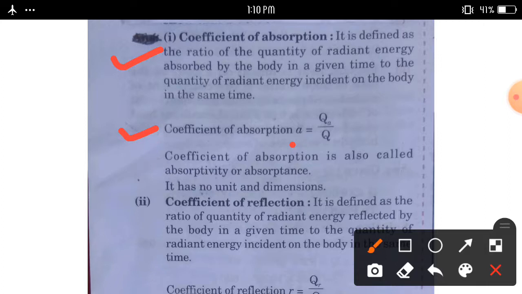Then the formula becomes A is equal to Q suffix a upon Q, where A is the coefficient of absorption.